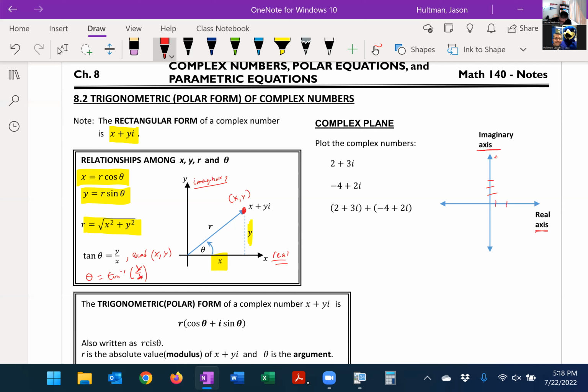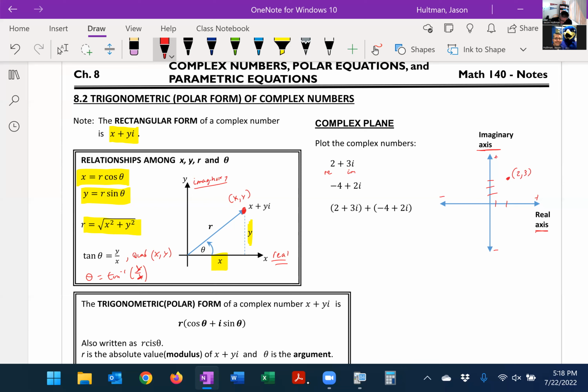So this is positive imaginary, negative imaginary, positive real, negative real. So over 2 in the real and up 3 in the imaginary is going to be right here. And so I'm going to plot that number 2, 3 in the real and imaginary plane there.